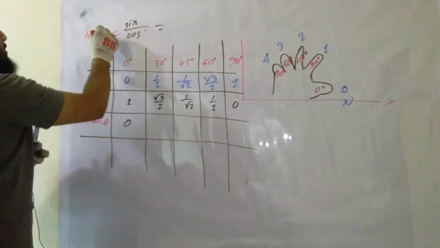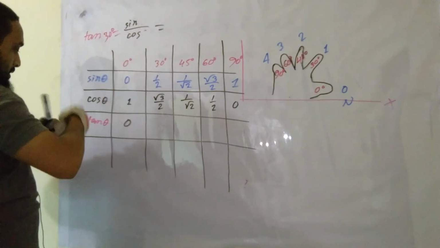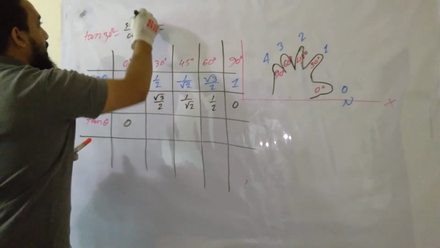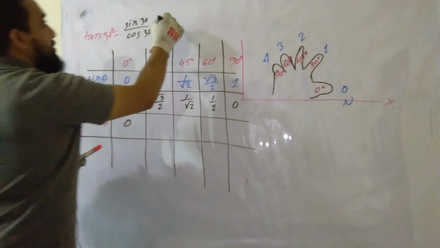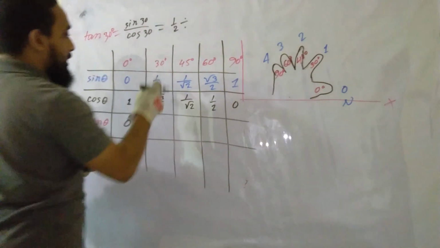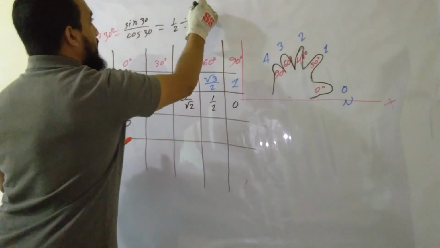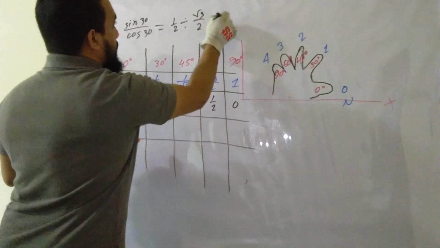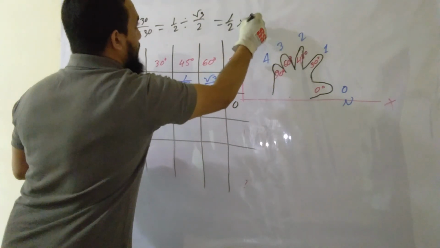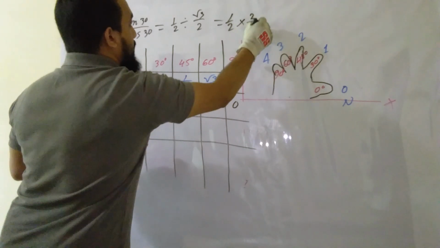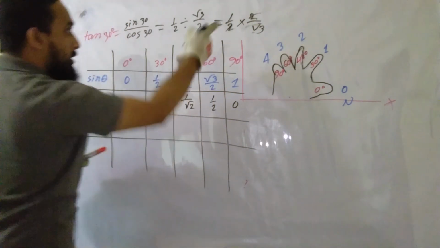So next one is 30 degree. So sine 30 divided by cos 30. Okay, the value of sine 30 is 1 over 2 divided by root 3 by 2. So division, we're gonna reciprocal it, 2 by root 3. So 2 to omit, 1 over root 3.